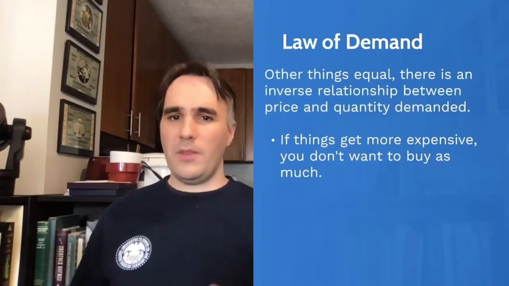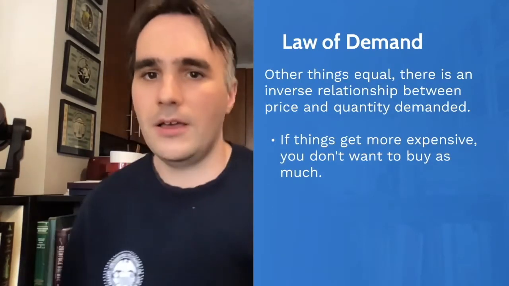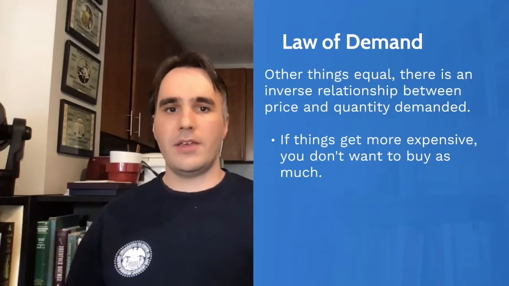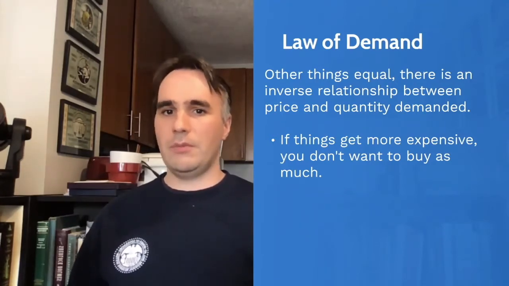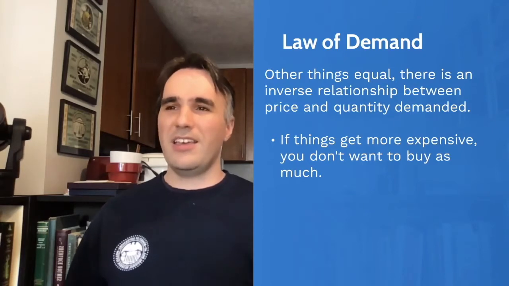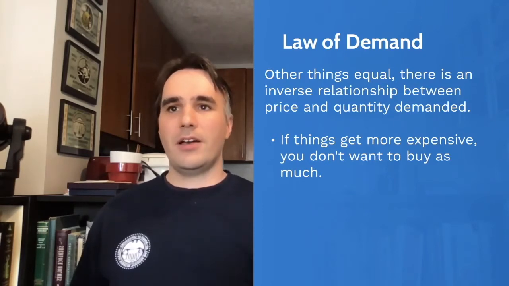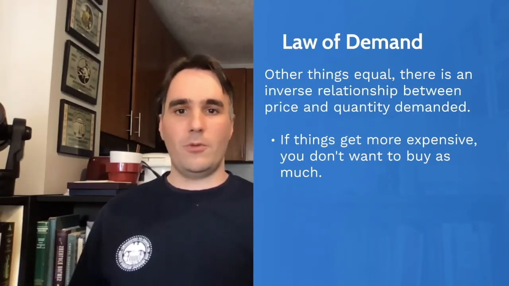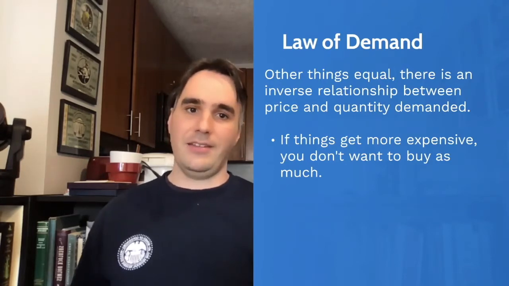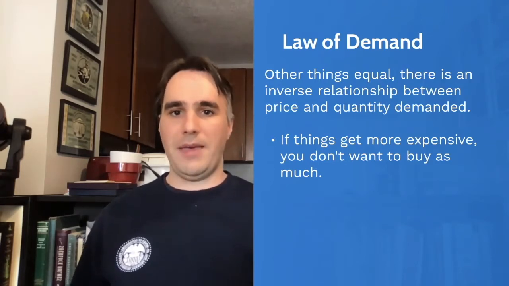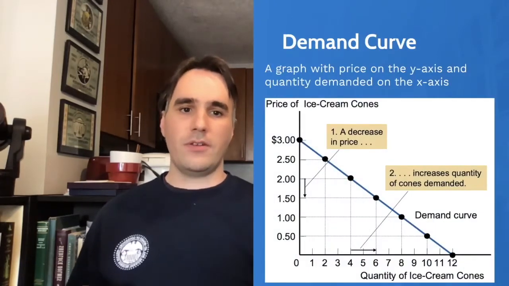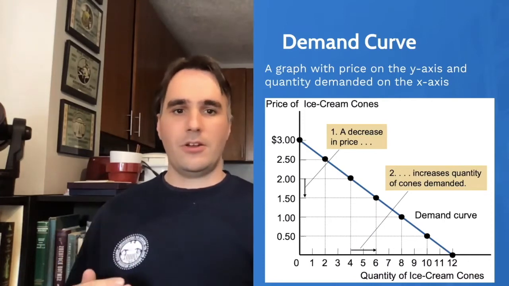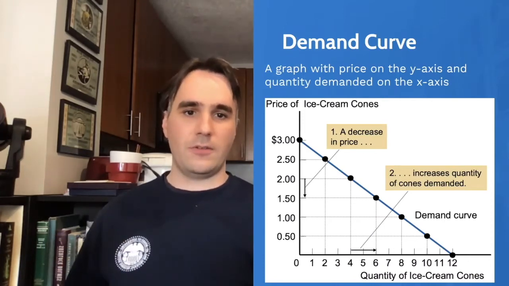And so one thing to notice between the schedule and the curve is what we call an inverse relationship between price and quantity demanded. In other words, if a good gets more expensive, you're going to want to demand less of it. And if a good gets less expensive, you're going to want to demand more of it. So if we go back and look at the curve for a second, this means that the curve is sloping downwards.